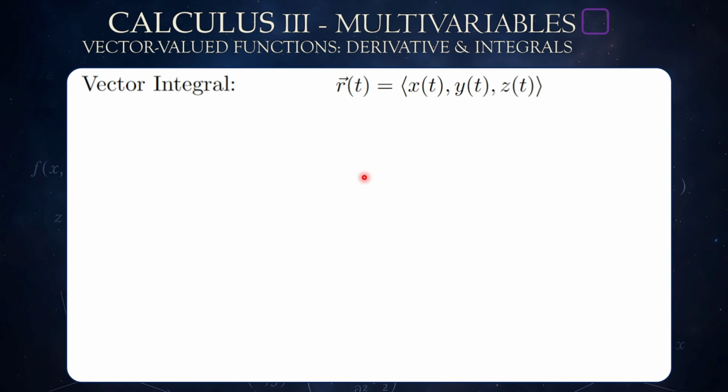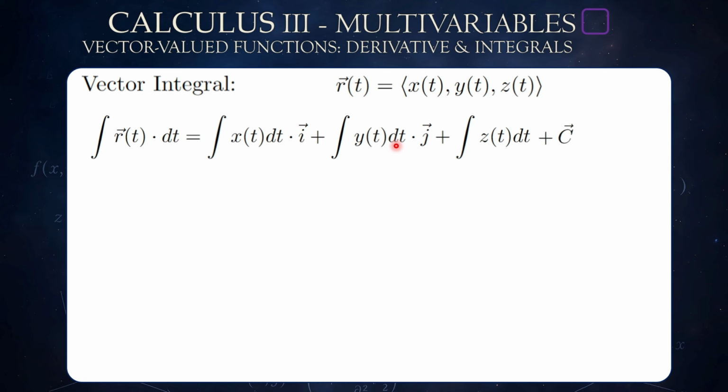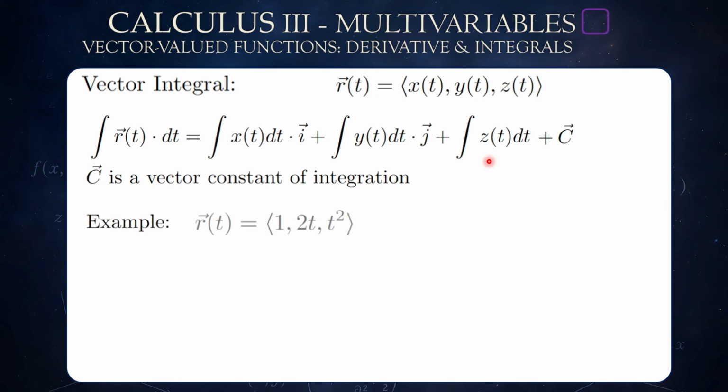Vector integral. Let's say we have a function r(t) equal to (x(t), y(t), z(t)). So the integral of r(t) dt is equal to the integral of x(t) dt i plus the integral of y(t) dt j plus the integral of z(t) dt k plus C, which is a vector constant of integration. As an example, r(t) = (1, 2t, t²).